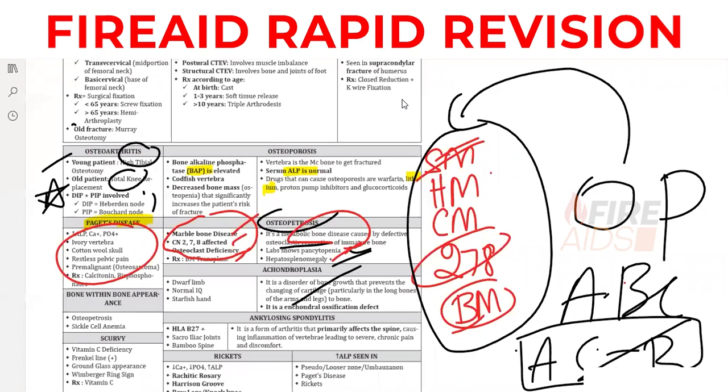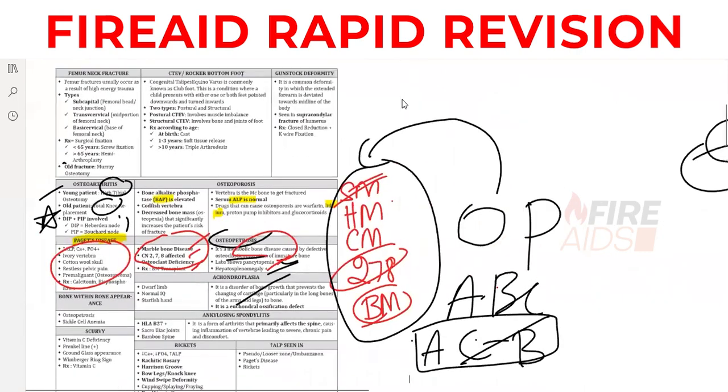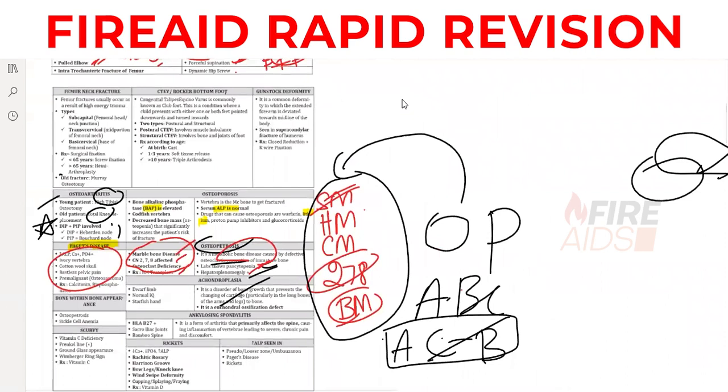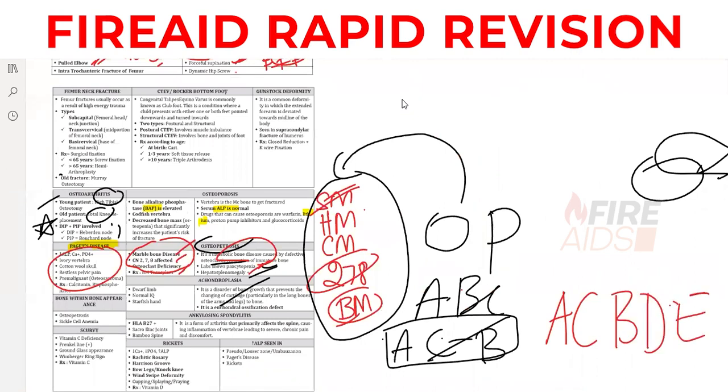Okay. Now, A, C, B, D, E. This is what you are going to remember for achondroplasia. A is for achondroplasia. CB is for cartilage becoming a bone is blocked. D is for dwarf limb.